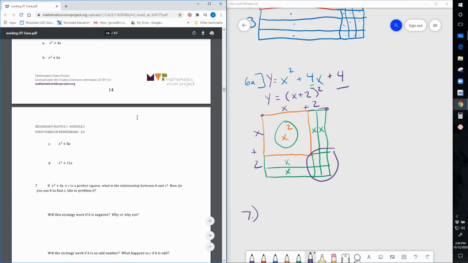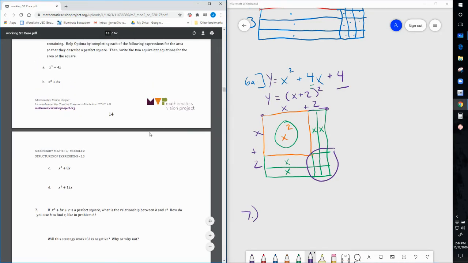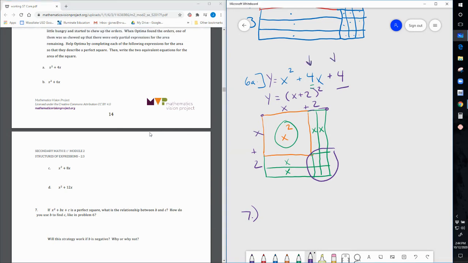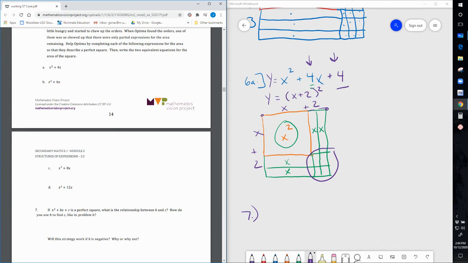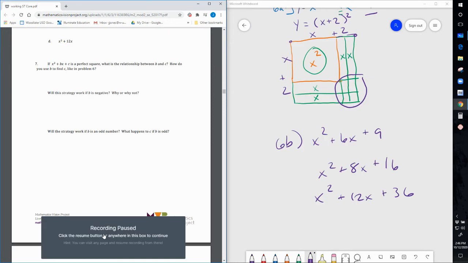So basically, you're looking at these 4 problems over here, and you're going to say, hey, I had a b value of 4 and I got a c value of 4. And then you're going to do that for these other problems, A, B, C, and D. See if you can figure out the rule that if you know the b value, you automatically know the c value. So go ahead and pause, get a bunch of this done, and before I go over number 7, see if you can figure out the pattern.